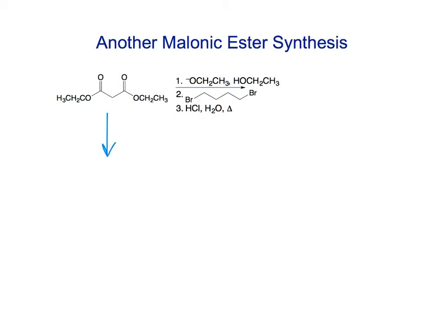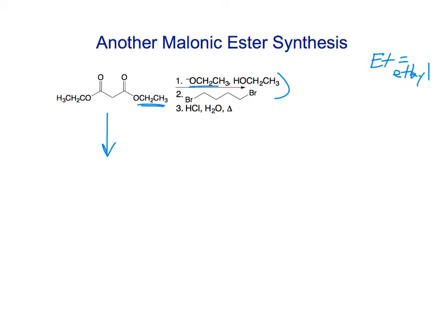In our first step, I'm not going to show every step of the mechanism. We're going to deprotonate, and then we're going to alkylate. Notice that I have ethyl esters this time, and so I used ethoxide as the base. We want to match those. I'm going to do a shortcut here. I know they do this in the book sometimes. I'm going to use an Et, which equals ethyl.